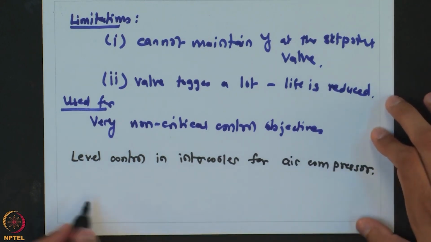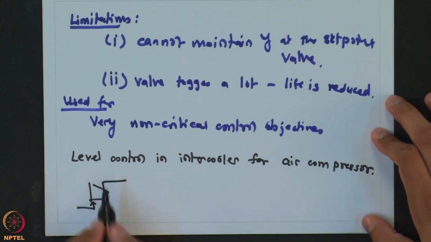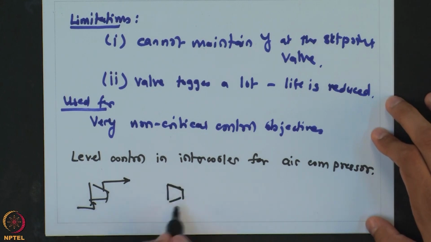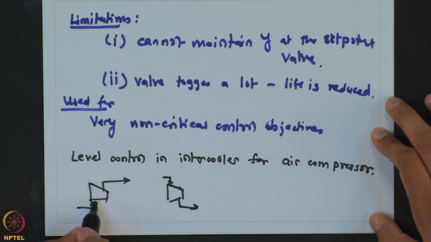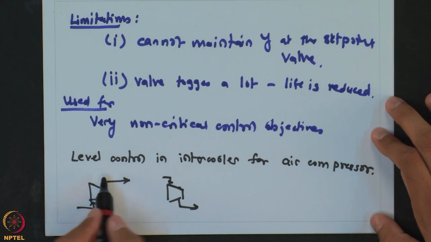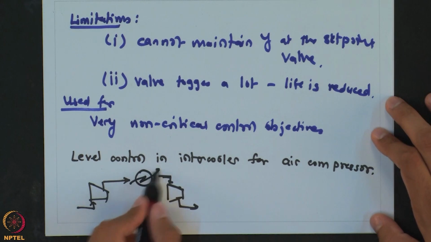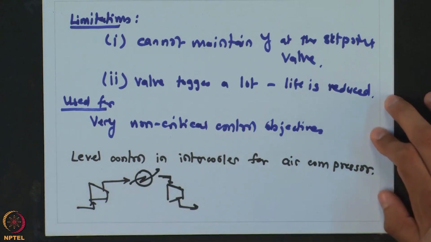So, what happens is, whenever you are trying to compress air from ambient conditions to some higher value, you would typically go with multi stage compressors, and as the compression of air is going to increase its temperature, in order to maintain the efficiency of compression, you have to cool that air stream before it enters the next level or next compressor stage.